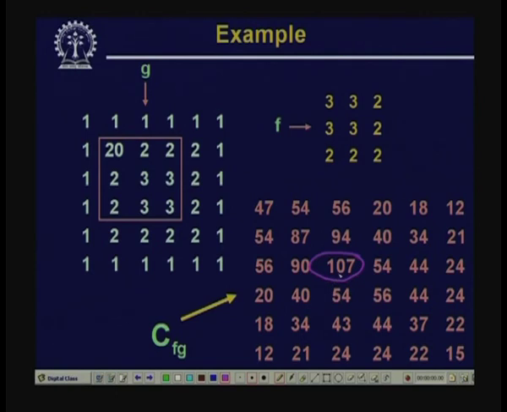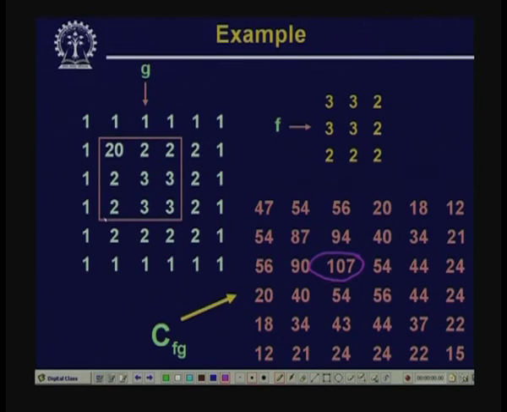And if I take this 107, the cross correlation value, to be the similarity measure, that means this is where I get the maximum similarity. Because of this, it gives a false match, so it appears that the template is matching best in this particular location, as shown by this red rectangle.